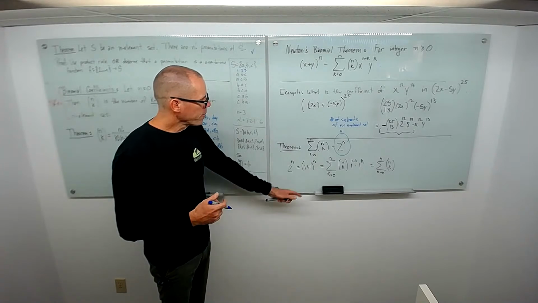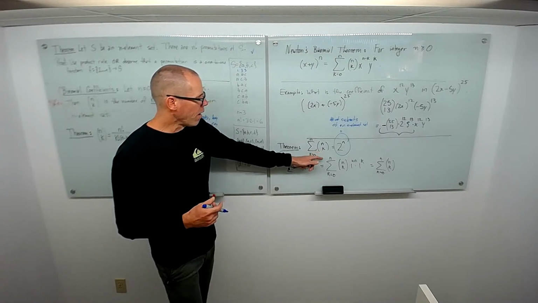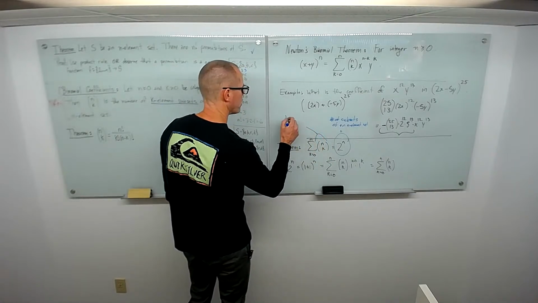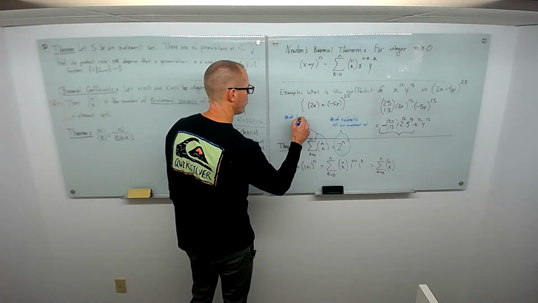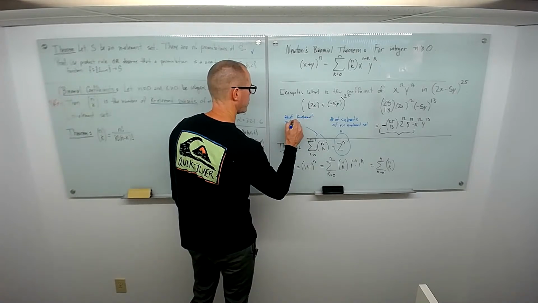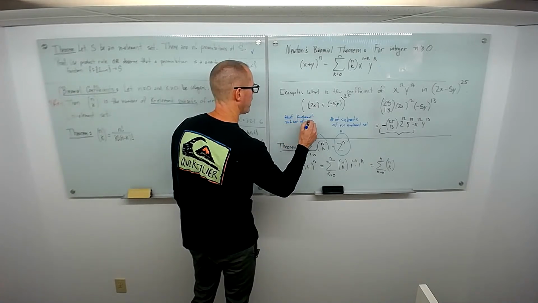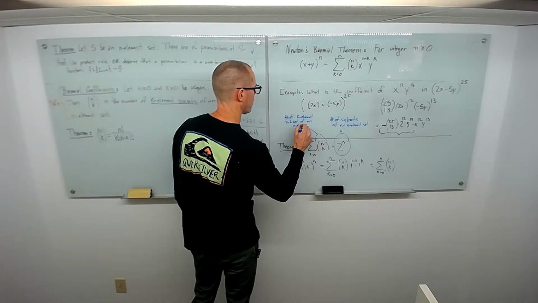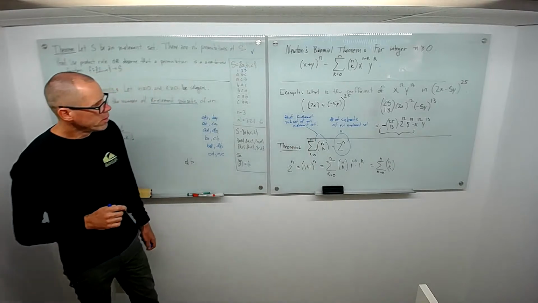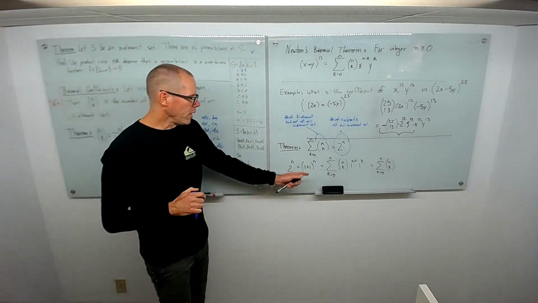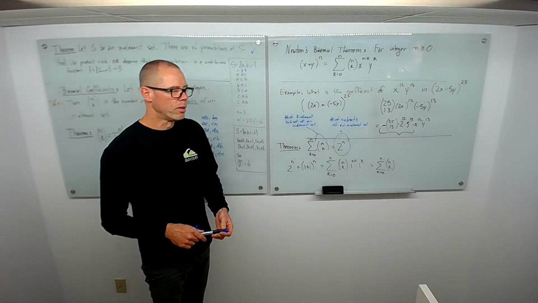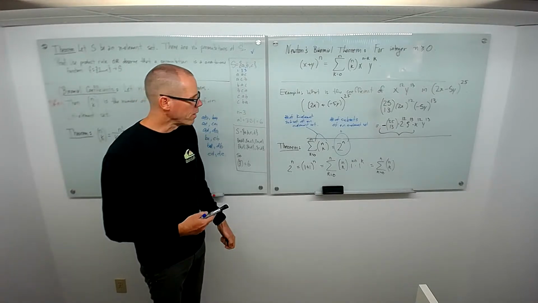So actually, over here on the left, this is the number of k-element subsets of an n-element set. So actually, there was another way to get this formula using more combinatorial reasoning.